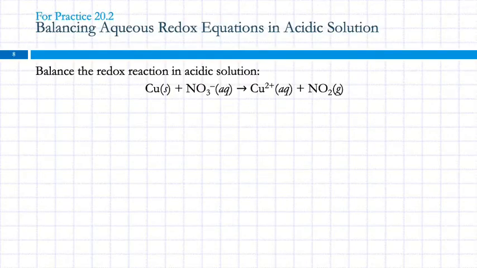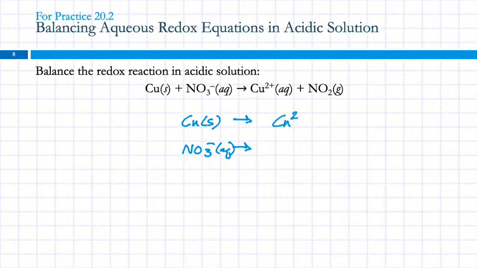Let's do one more example in acidic solution. So I'm going to split this into 2 half reactions. So I've got copper and I've got nitrate. And copper matches up with Cu2+, the copper ion.